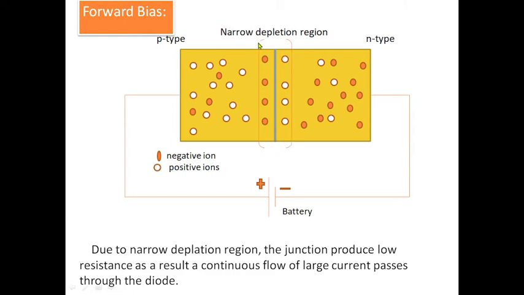This is called the depletion region. When a battery is applied with the positive terminal to the P side and the negative terminal to the N side, the depletion region becomes very narrow, so current passes through the diode easily.